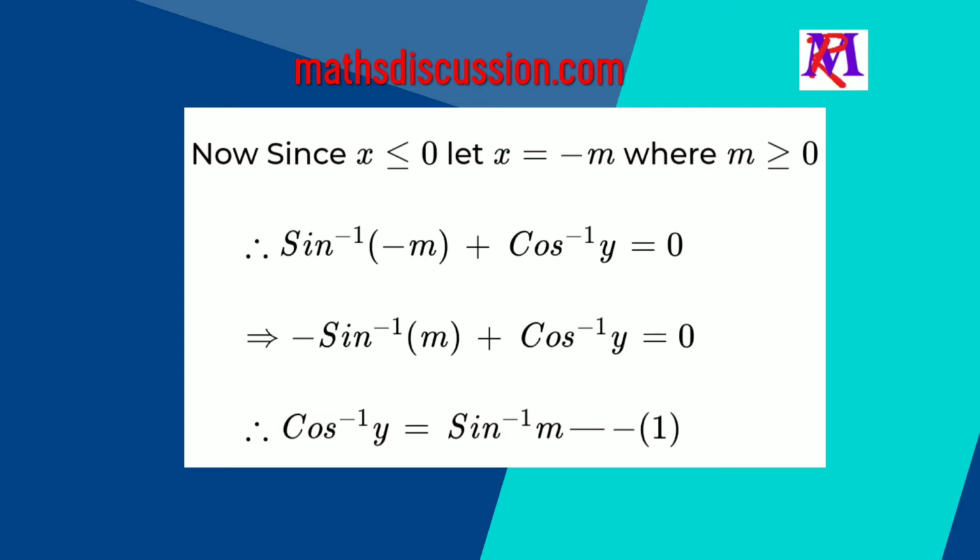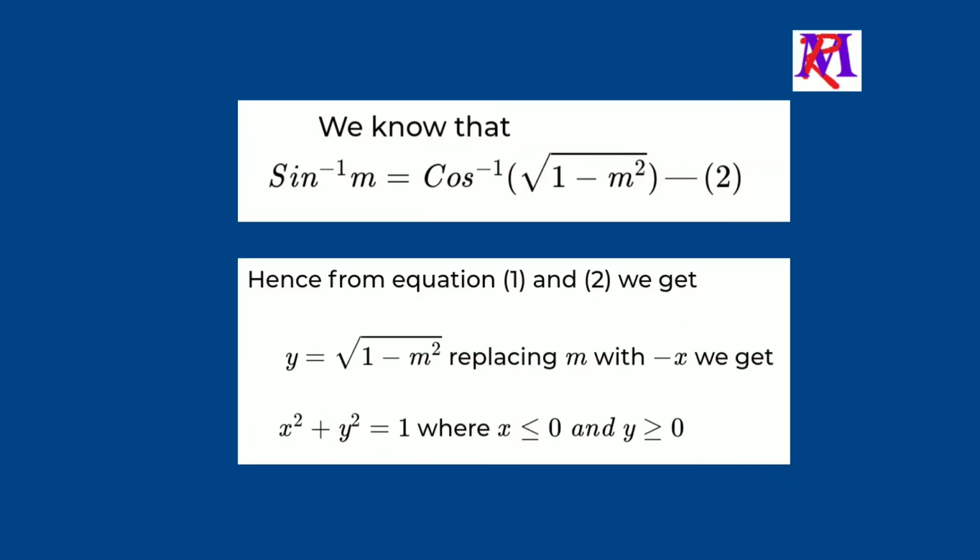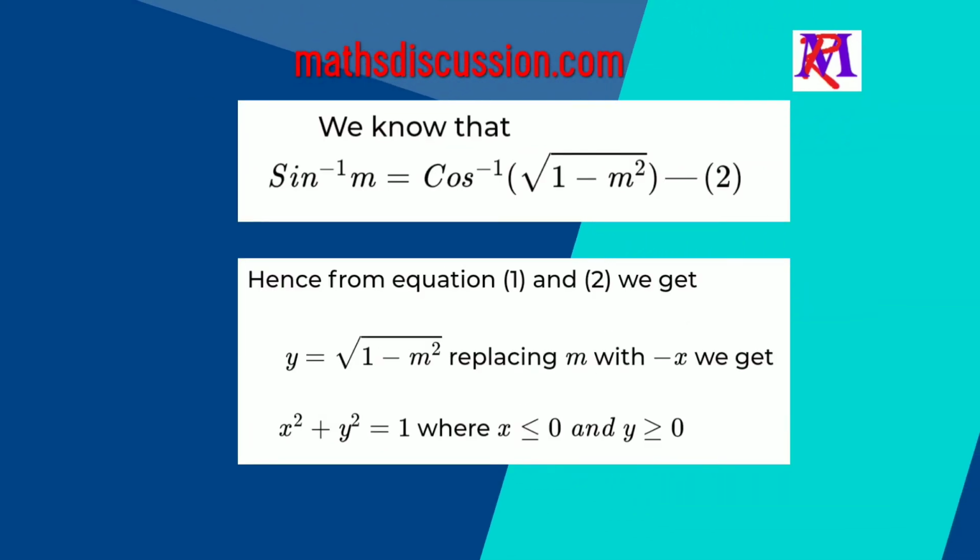Hence the equation becomes minus sine inverse m plus cos inverse y is equal to 0. Therefore cos inverse of y is equal to sine inverse of m. Let us call this equation 1. Also we know that sine inverse of x, when x is positive, is equal to cos inverse of square root of 1 minus x squared. Therefore, sine inverse of m will be equal to cos inverse of square root of 1 minus m squared. Let me call this equation 2.